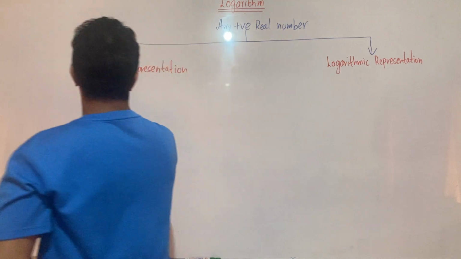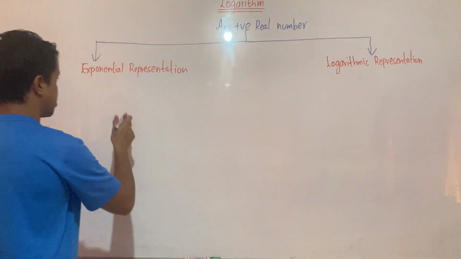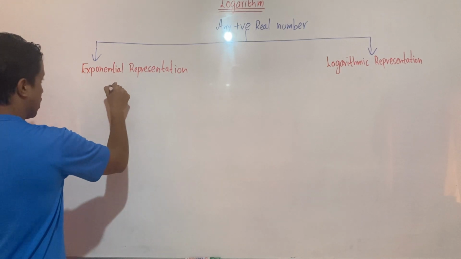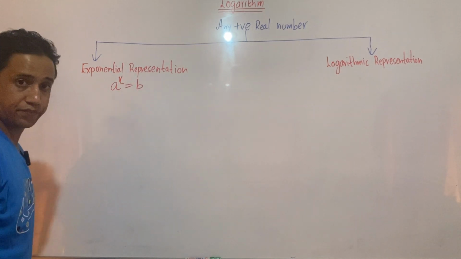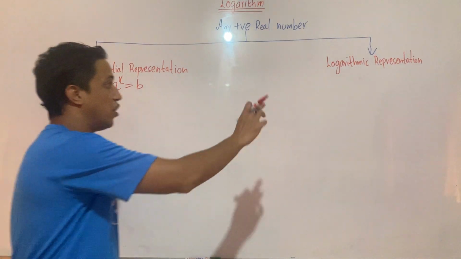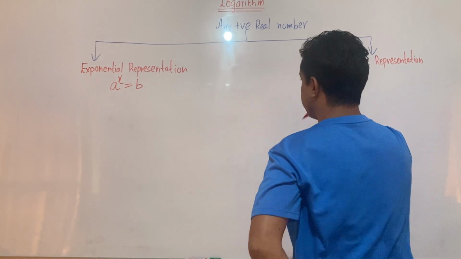The exponential representation is of the form a^x = b.